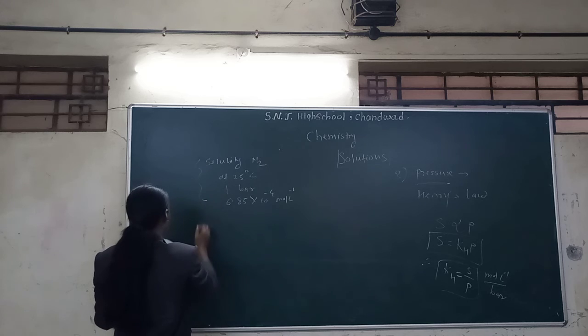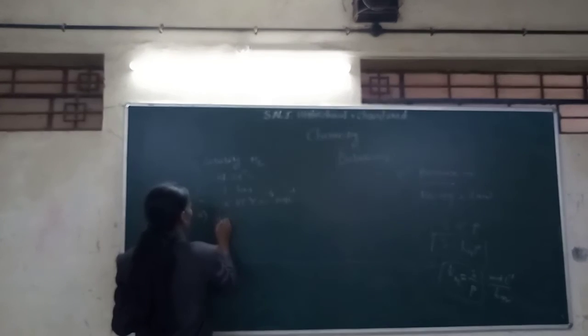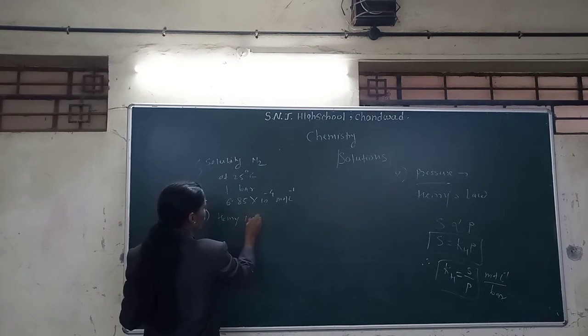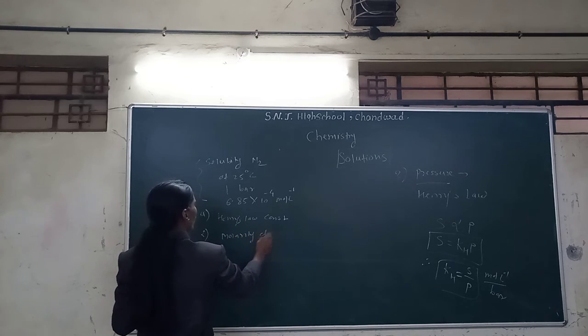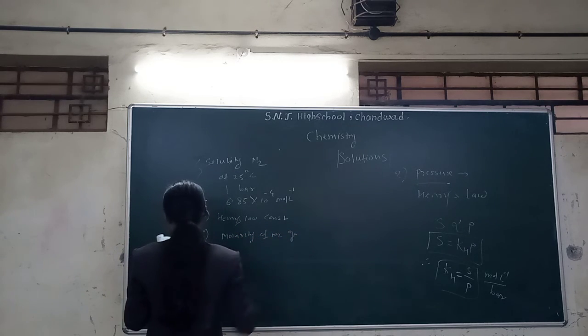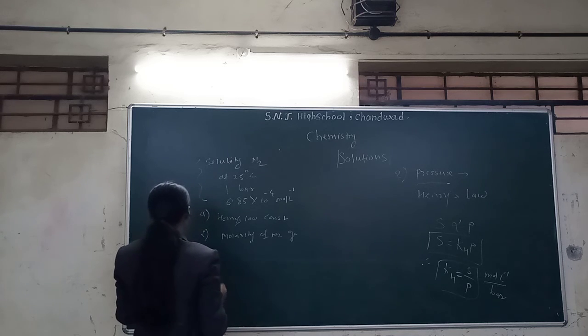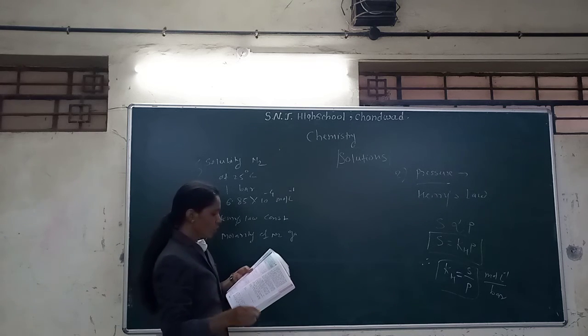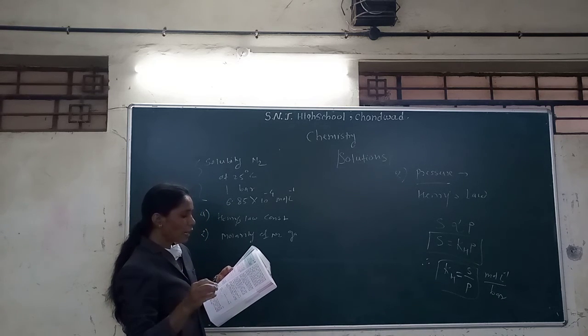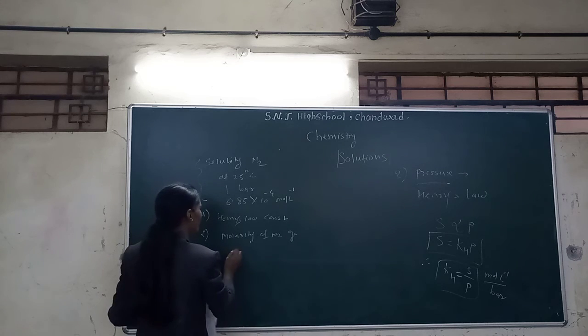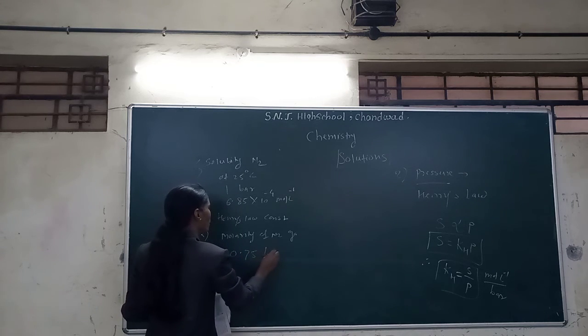First calculate the Henry's law constant. Second, calculate the molarity of N2 gas dissolved in water under atmospheric conditions, when the partial pressure of N2 in the atmosphere is 0.75 bar.